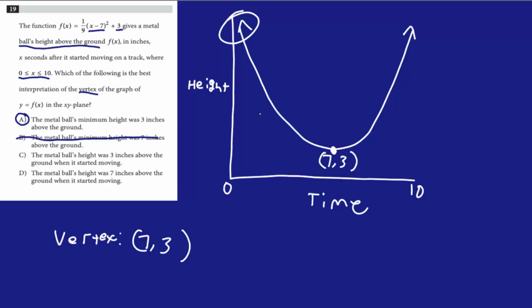So C clearly cannot be the answer. And then D, the metal ball's height was 7 inches above the ground when it started moving. Again, no. The 7 in this context is in the x dimension, which is dealing with time, so it can't be D. So this question, while it may look intimidating, may look like a lot of reading and math, it's really not. You just have to understand how vertex form works, and then it's pretty easy from there.